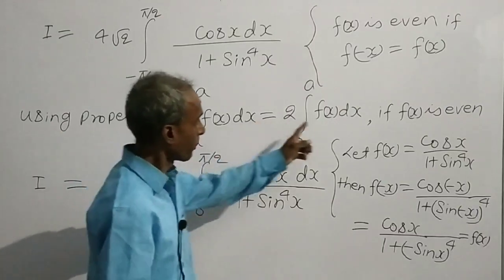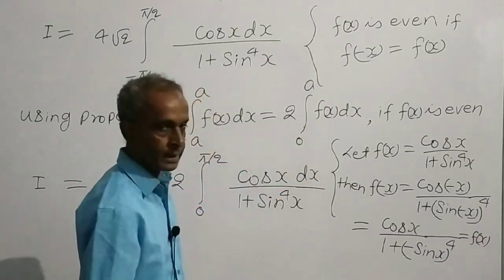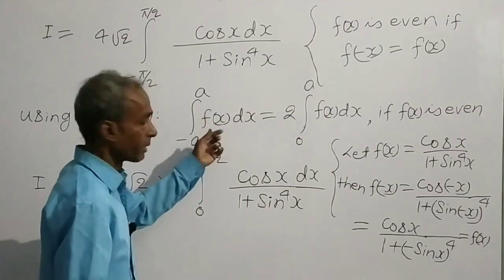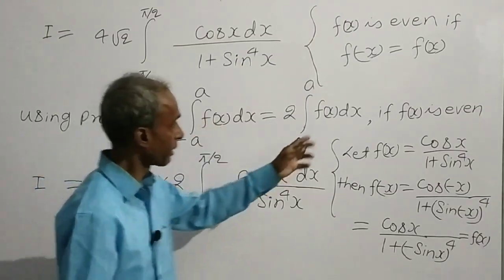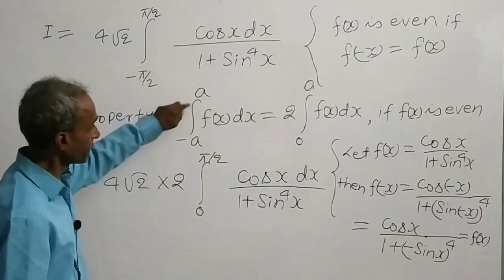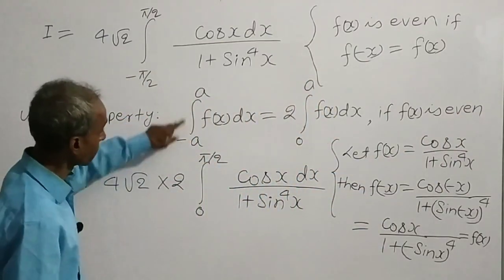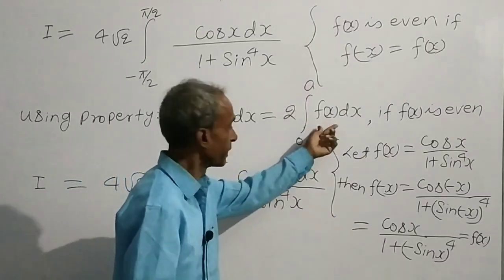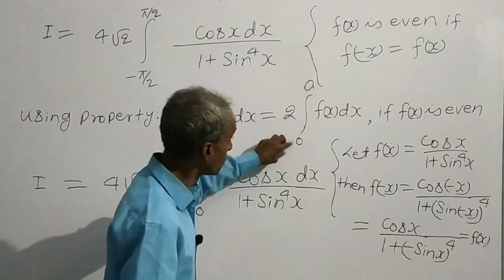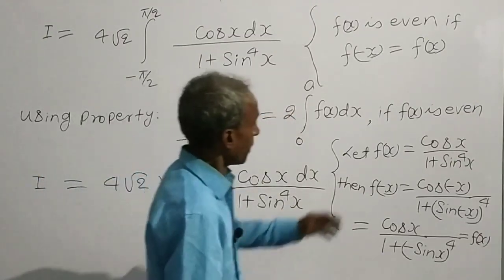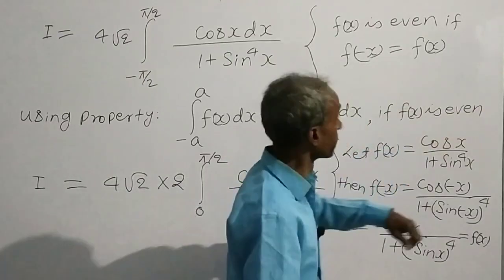This is a property of definite integrals, that if the function f(x) appearing here is even, then this integral from minus a to a will be equal to 2 times this integral from 0 to a. What is an even function?